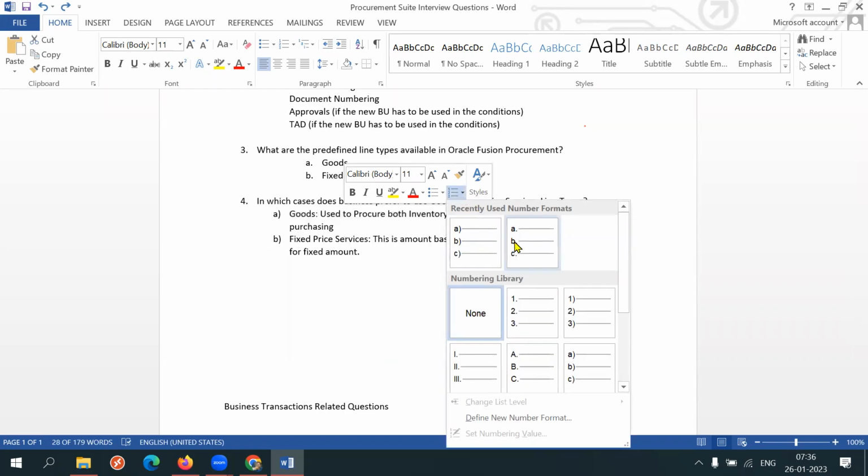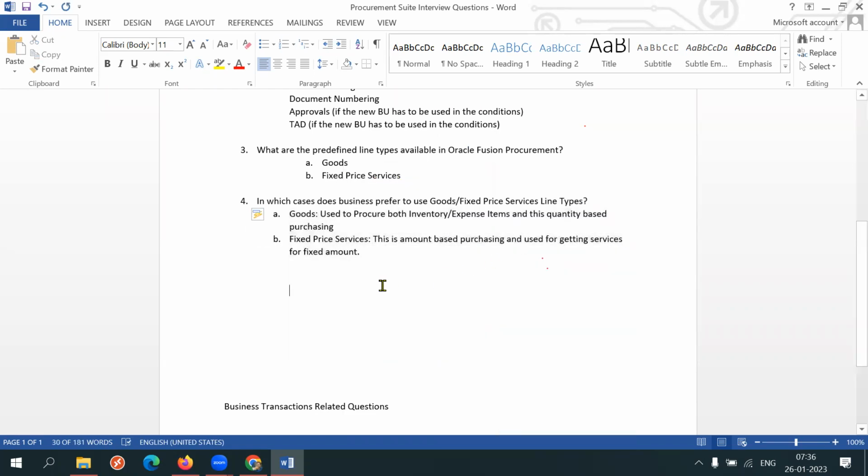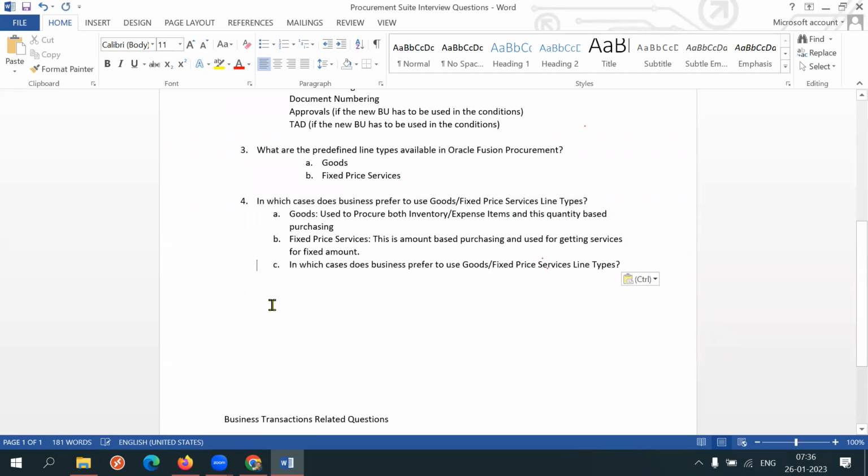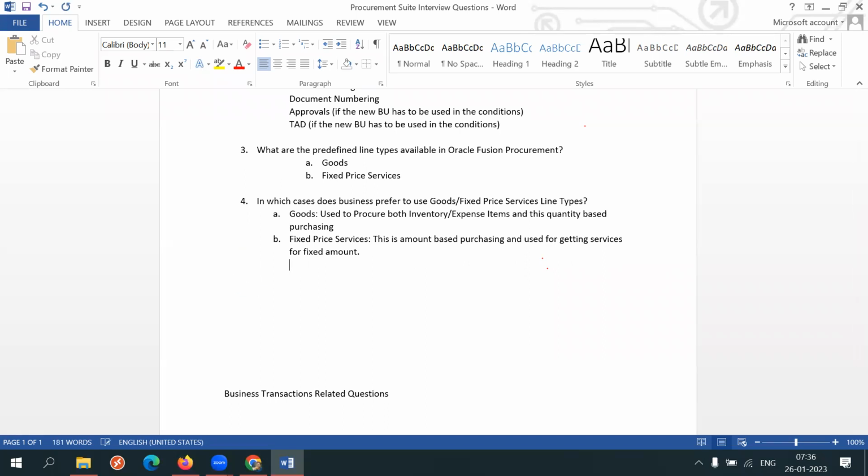Okay. Next question. I think I have asked a follow-up question for this, right? What is the difference between inventory item and expense item?